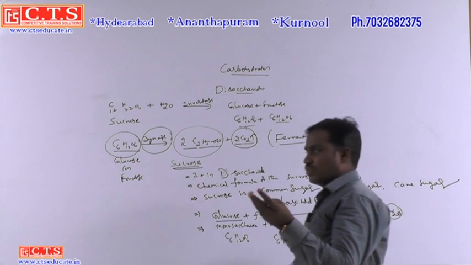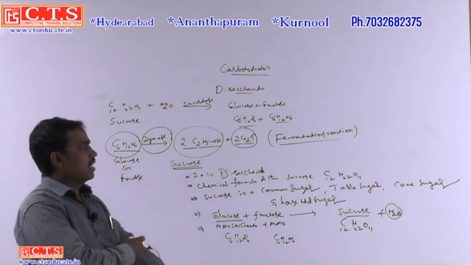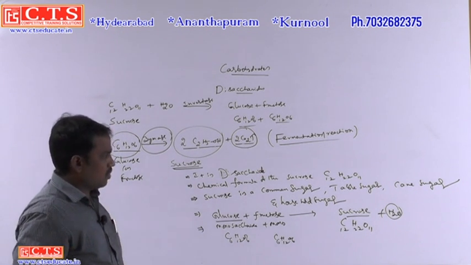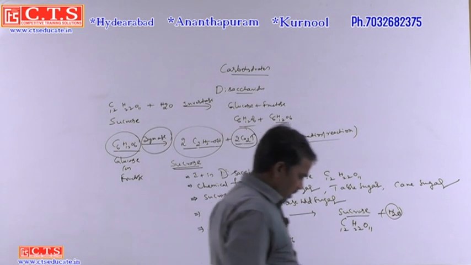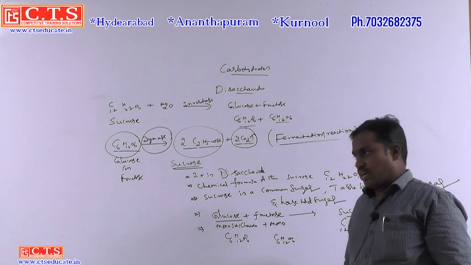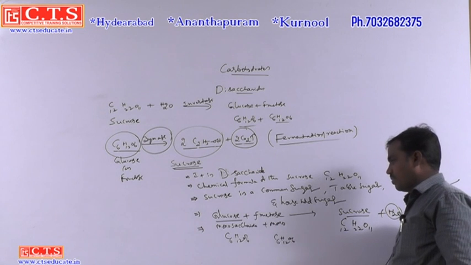Number 1, sucrose is a disaccharide. The chemical formula of sucrose is C12H22O11. It is a common examination bit.